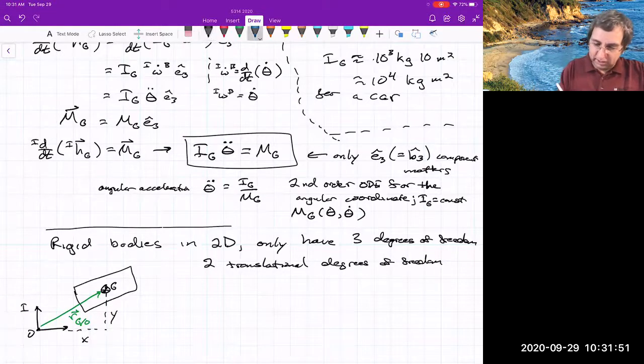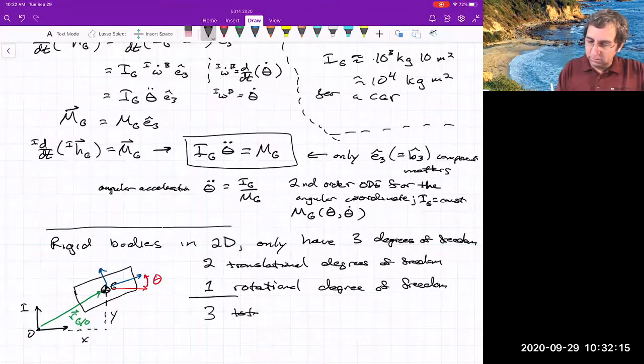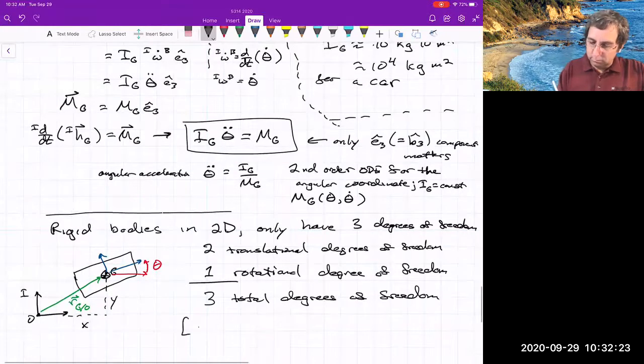And then if I'm tracking the orientation of this with respect to, say, the horizontal direction, then I've got 1 angle. So that means I have 1 rotational degree of freedom, that angle. So 3 total degrees of freedom. In 3D, I end up having 6 degrees of freedom.